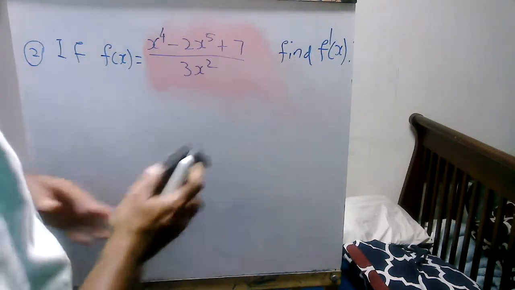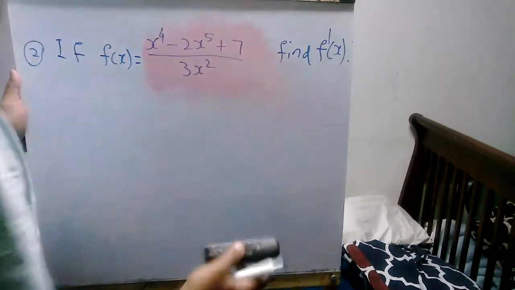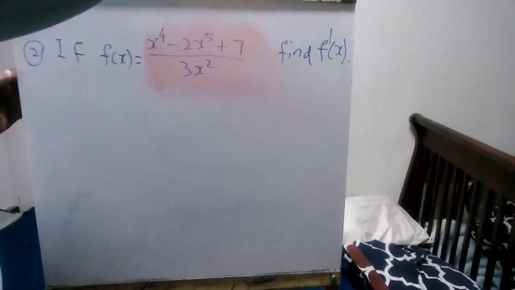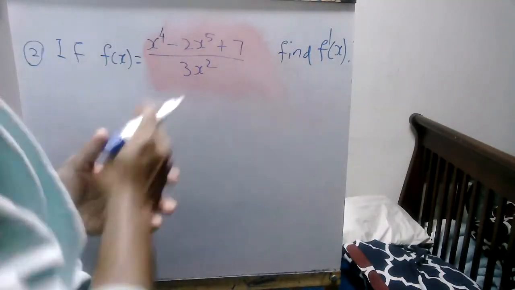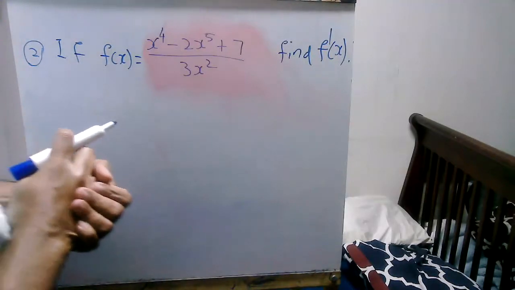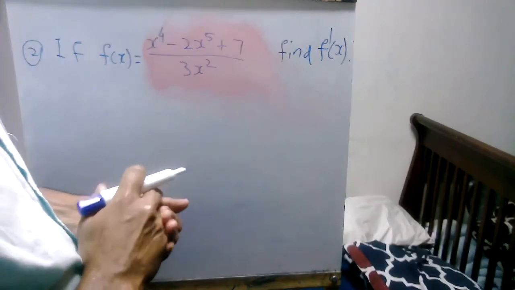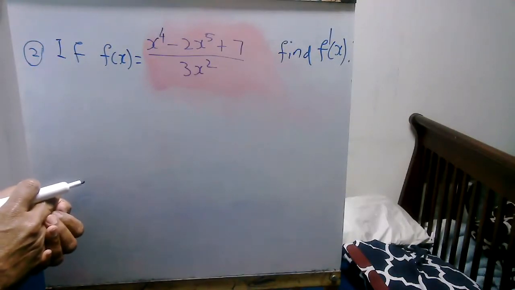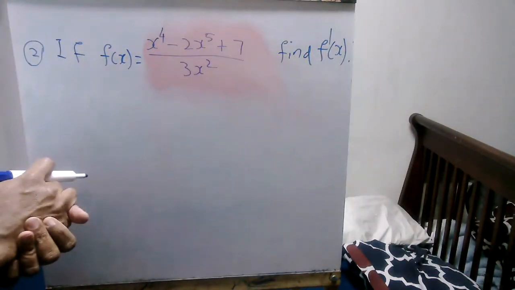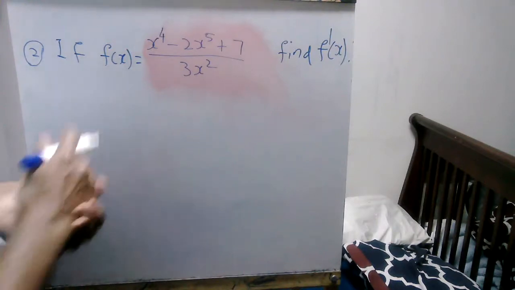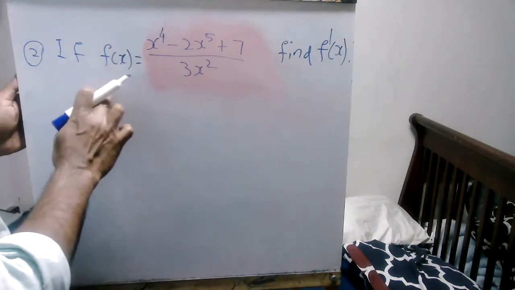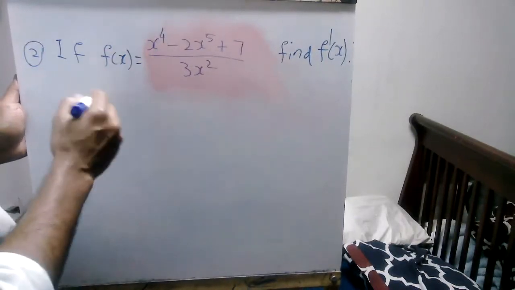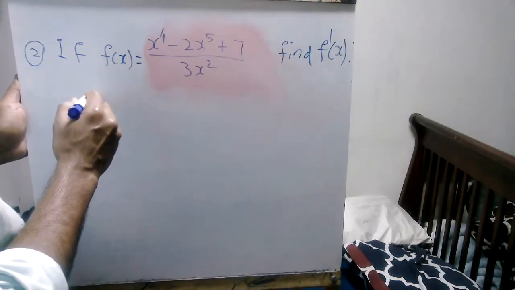Alright, so now clearly this is a quotient, we can use the quotient rule. There is another way, I'm going to show you that too. Since at a glance this is a quotient, let's use the quotient rule.